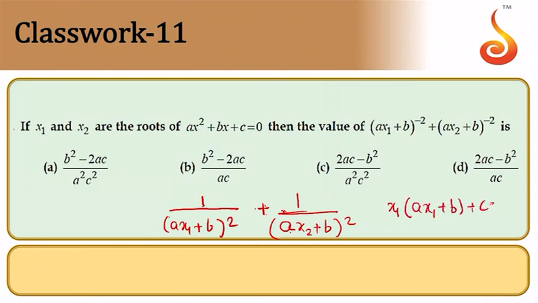So from this what we get is, if we analyze very carefully, in the quadratic equation, x1 if you take common, you get ax1 plus b plus c equal to 0. So ax1 plus b equal to minus c by x1, or 1 by ax1 plus b is equal to x1 by c with minus sign.